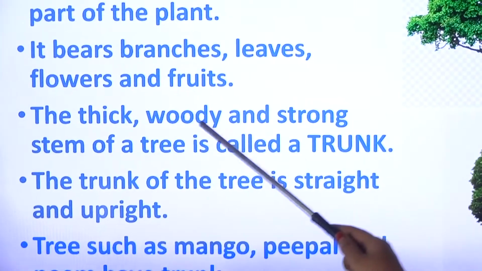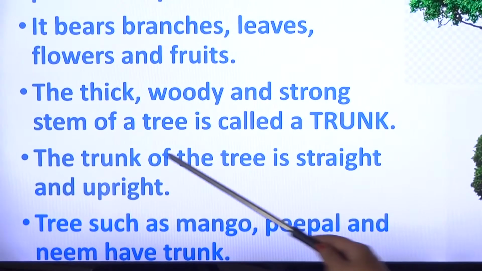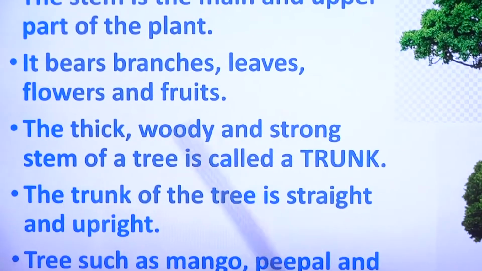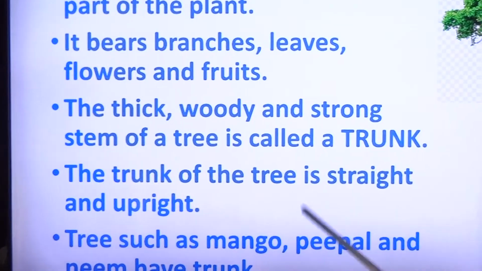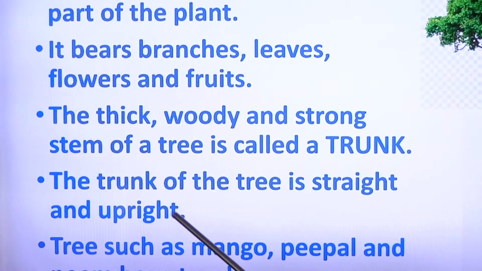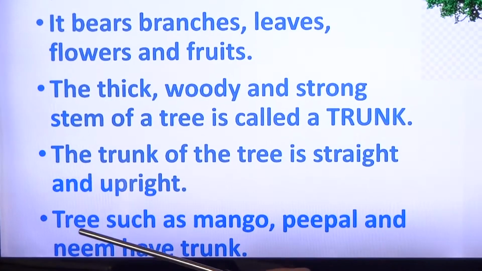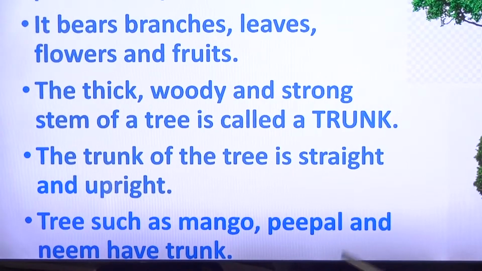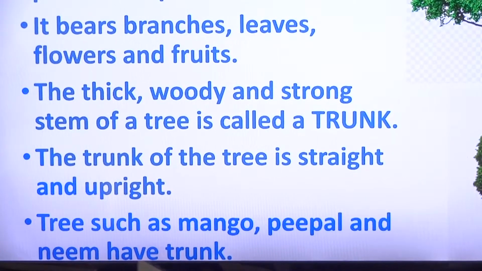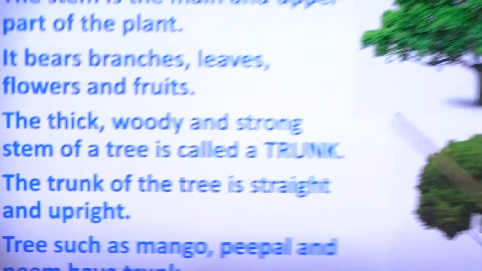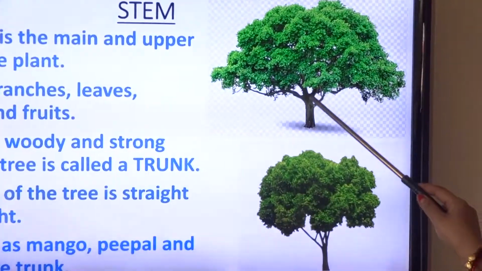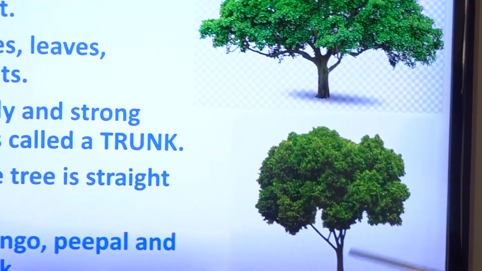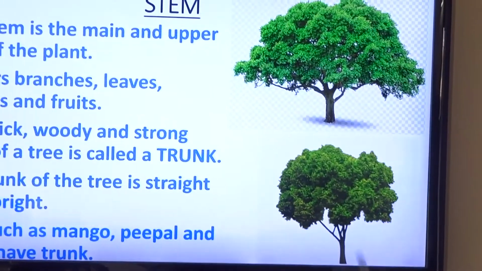The thick, woody and strong stem of a tree is called a trunk. The trunk of the tree is straight and upright. Trees such as mango, peepal and neem have trunk. You can see in the picture, this is the trunk. The woody part of the tree is called the trunk.